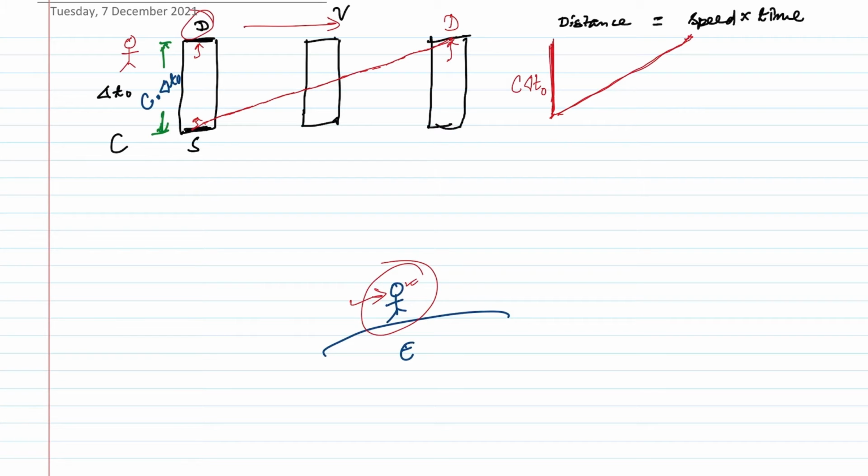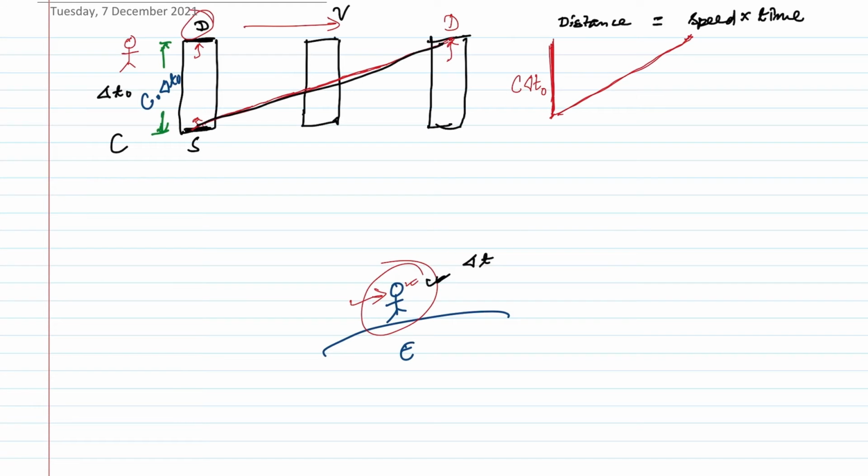So now you see this distance is observed by this observer on the earth surface, and according to him, suppose time taken is delta t.